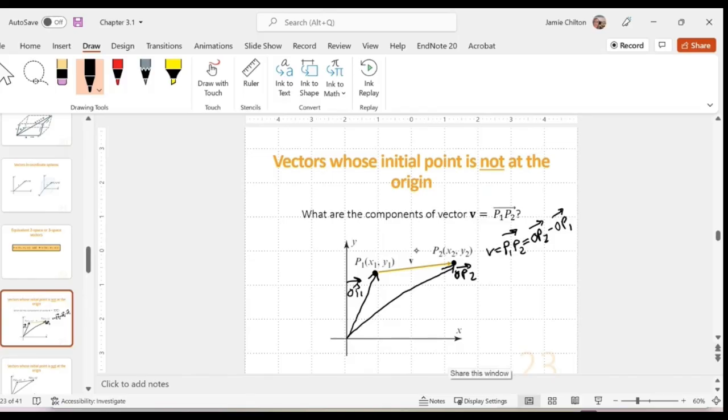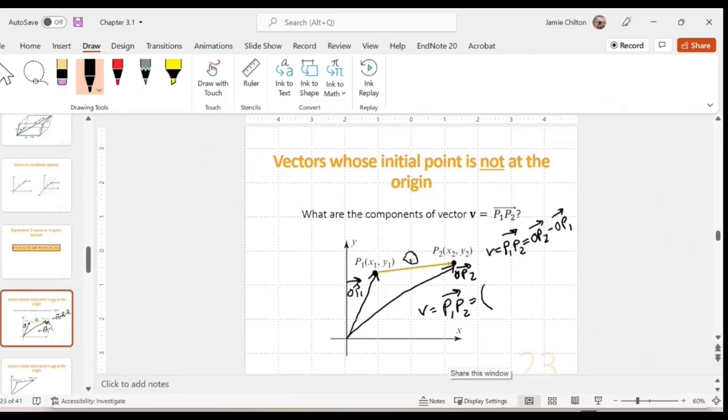So here we're trying to figure out this V. We could relate this vector V to the origin by drawing these other vectors, OP1 and OP2. You're basically taking the difference between them to get V. And so we'll be able to solve for P1P2, or our V. All we have to do is really simple, if you've looked through your section.